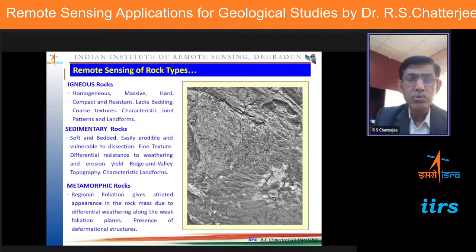Now coming to the basics, how we can identify rock types from remote sensing images. You know, there are three broad rock types: igneous rock, sedimentary rock, and metamorphic rock. Igneous rock and sedimentary rock are the primary rocks, but there are differences, isn't it? Igneous rocks are the crystalline rocks. They are massive, they are homogeneous, and they are interlocked because they are crystallized from the melt.